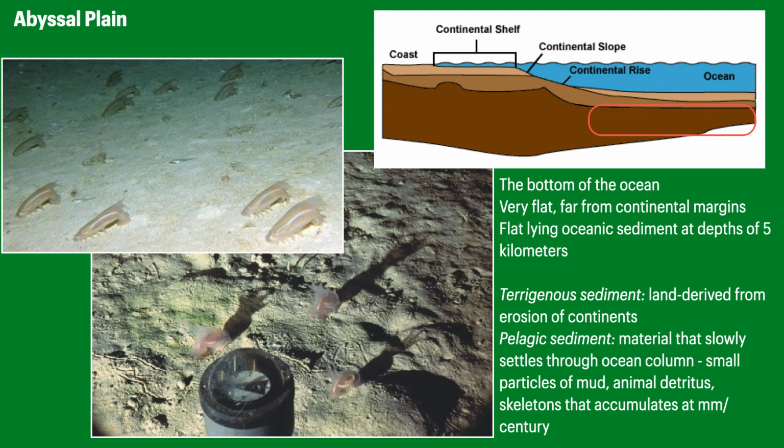And it accumulates at the bottom of the ocean at rates of only a millimeter per century. So this is this long-term settling of fine materials in the ocean that can fill the abyssal plain with either terrigenous sediments that are usually carried down by turbidity currents, or pelagic sediments that kind of drift down and settle out from the ocean water column.